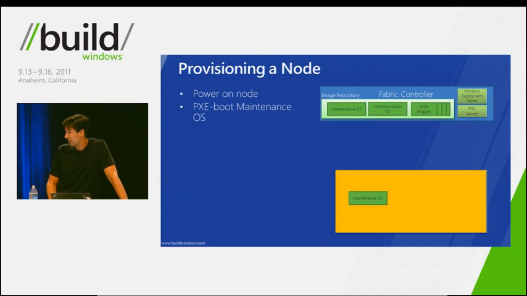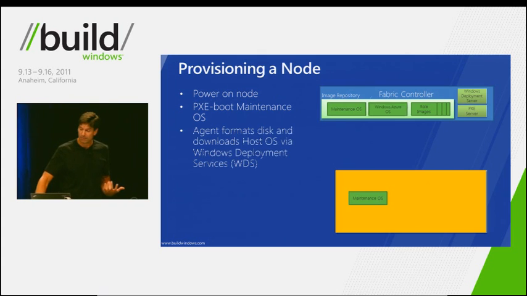The Fabric controller has a PXE server in it, something called the maintenance OS, which is just Windows PE. Windows PE starts up. It's got its own code in it, which connects with the Fabric controller, formats the hard disk, and then pulls down through Windows Deployment Services the host operating system and hypervisor from the Fabric.